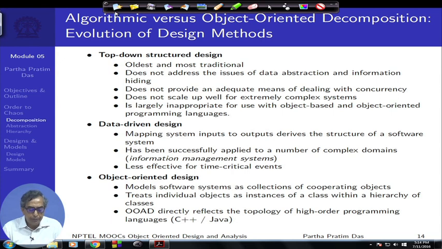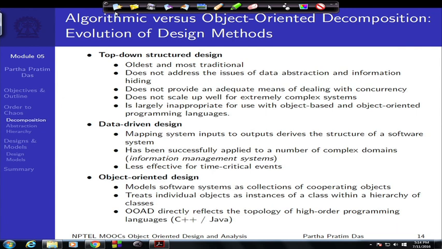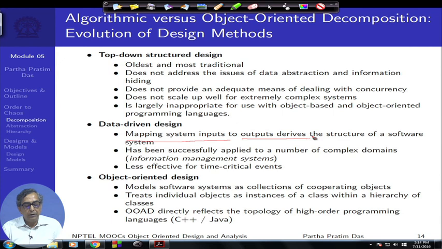Next, what happened is primarily data driven design, which dominated the 70s and the 80s. A typical characteristic of data driven design is that there is a mapping between the system inputs and the system outputs, and this mapping can directly derive the structure of the software system. Data driven design had a significant fallout in terms of a variety of information management systems, those based on a variety of database systems and so on.